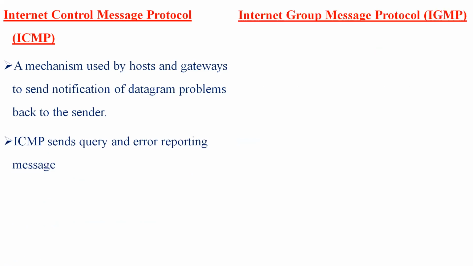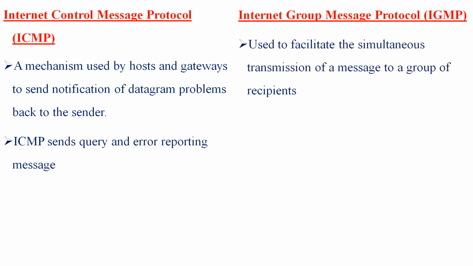Next we have IGMP, which is Internet Group Message Protocol. This IGMP is used to facilitate the simultaneous transmission of a message to a group of recipients. So it is like one sender sending a message to n different people.